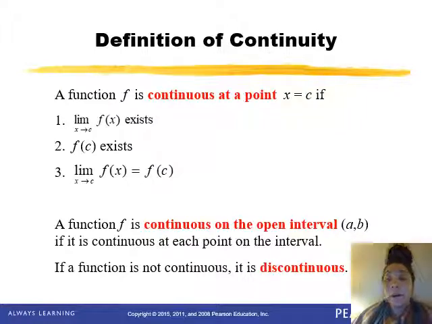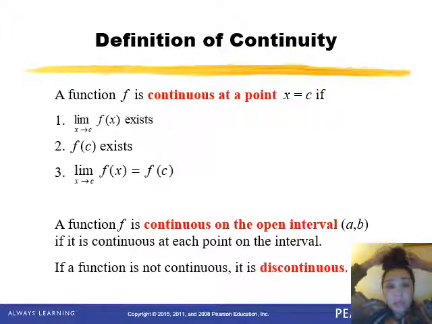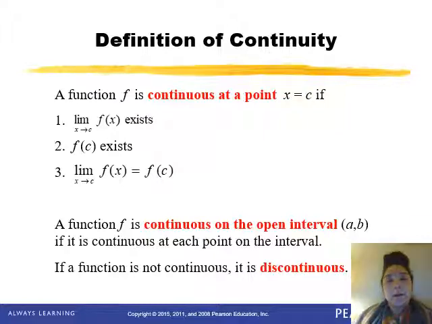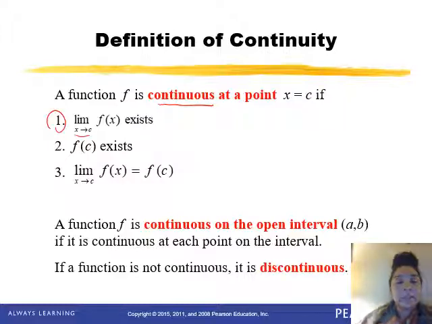So, what is the definition of continuity? This is important. This is part of your lesson for the week. A function is continuous at a point x equals c if, number 1, the limit of f of x exists as x approaches c. Number 2, the function exists when you plug in your value for c.